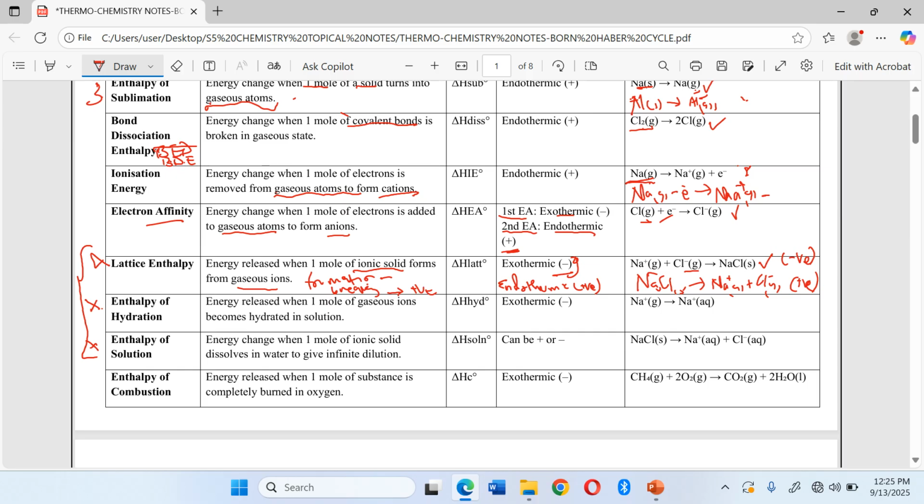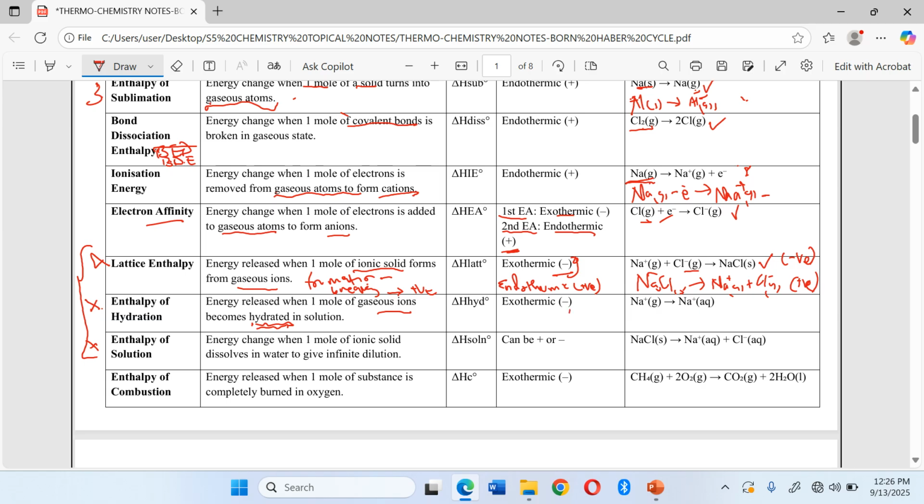Then we have enthalpy of hydration. Now, enthalpy of hydration is the energy released when 1 mole of gaseous ions becomes hydrated. When you say something is hydrated, it has water. So when you add water to that gaseous ion, that enthalpy is called the enthalpy of hydration.